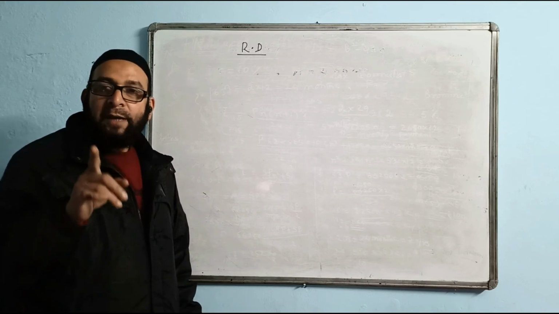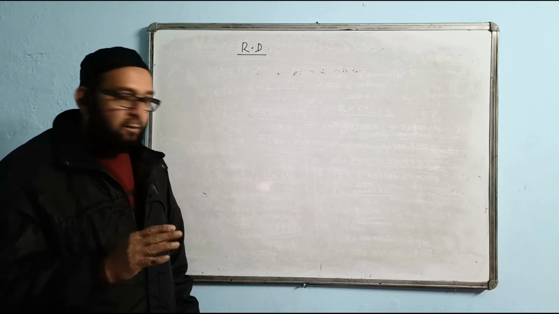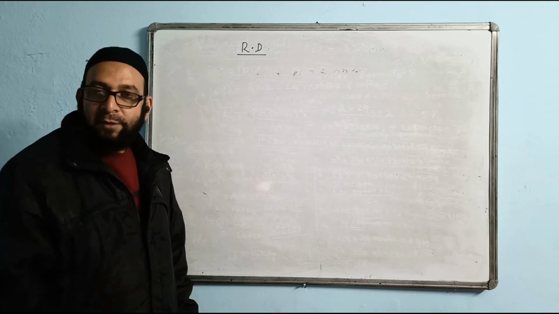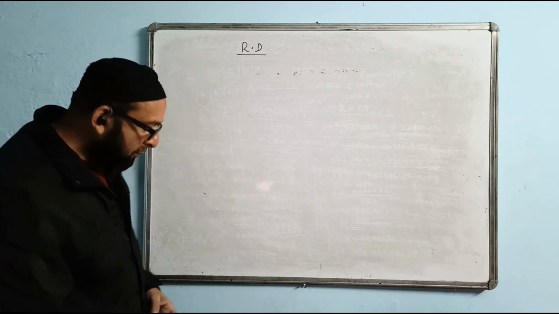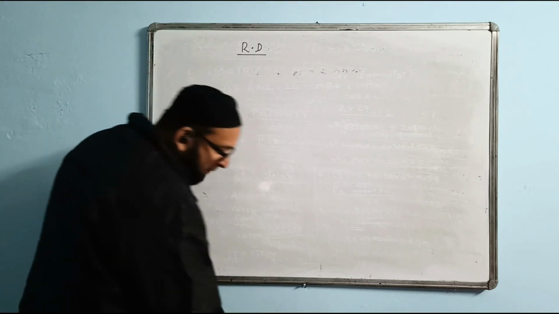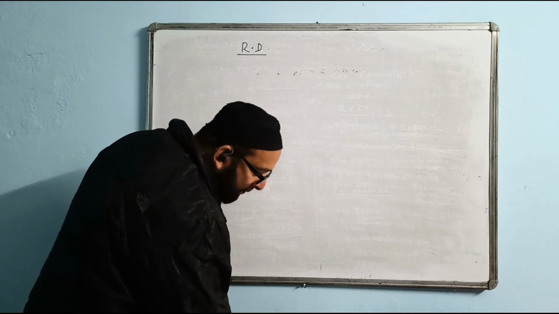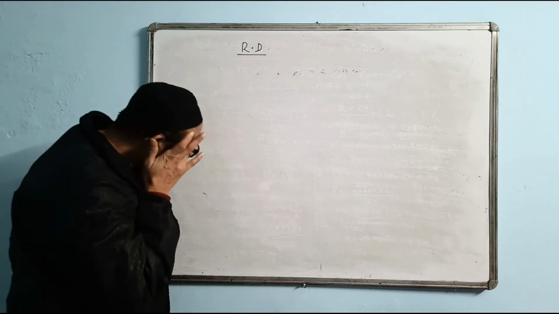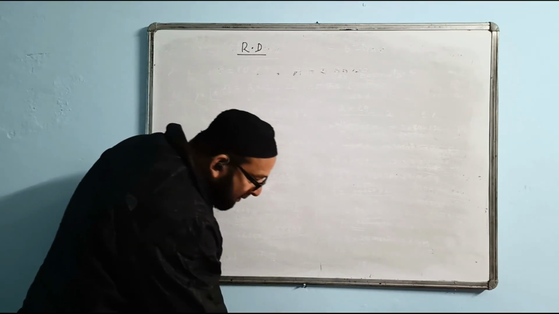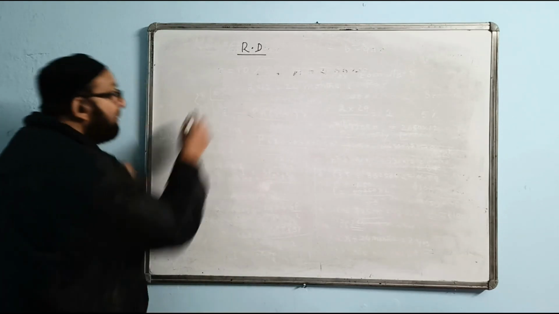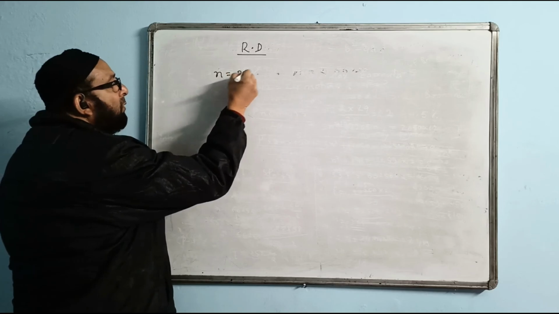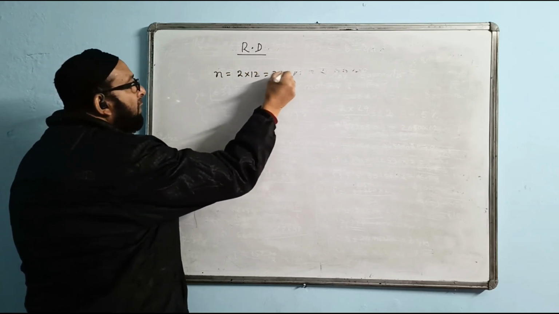Now we will be writing the values of whatever has been given in the question. Information you have to use and write down. In the question, Mohan is depositing some money for 2 years. That is, n value is 2 into 12, that is 24 months.